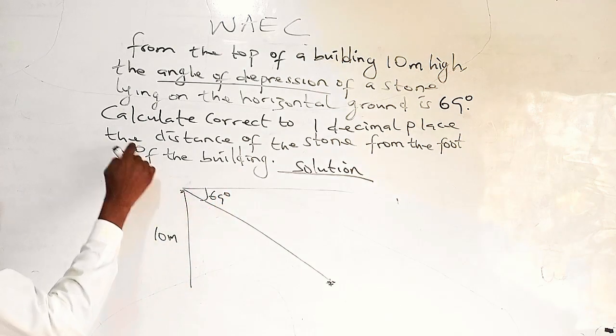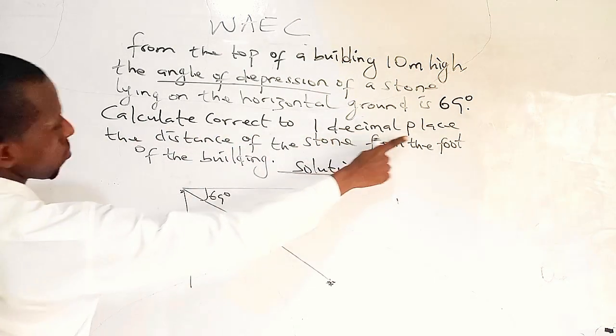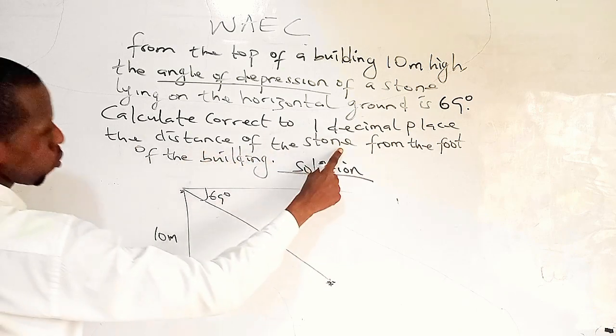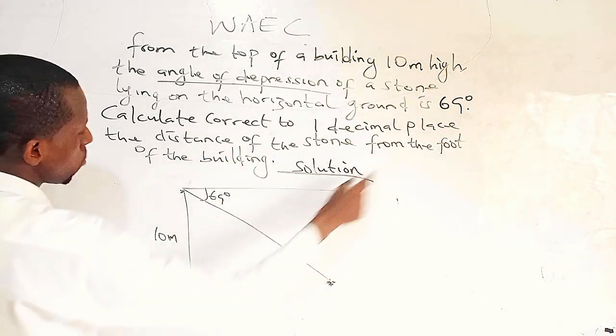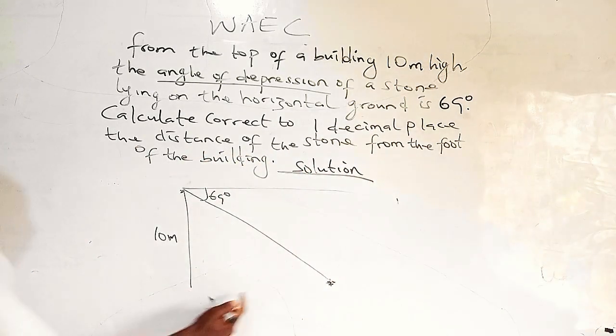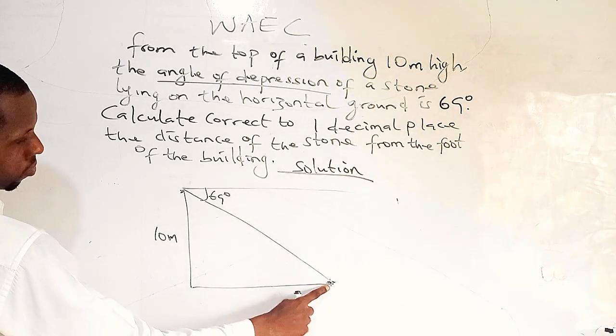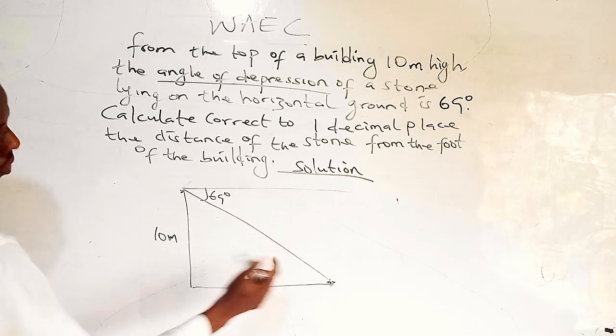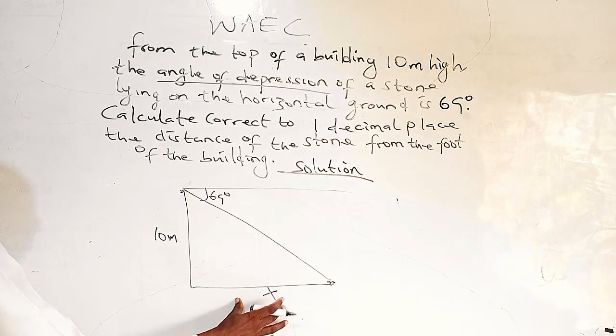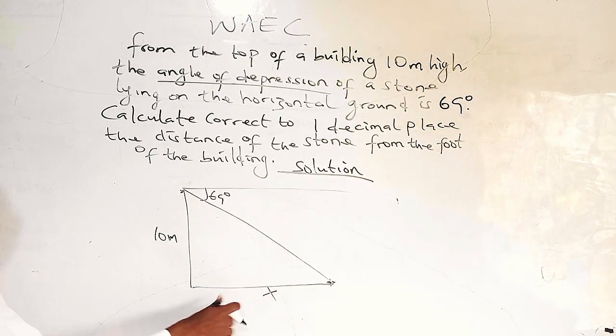We now have to calculate, correct to one decimal place, the distance of the stone from the foot. This is the foot of the building. So what is the distance between this stone and the foot of the building? Let us represent that as x.